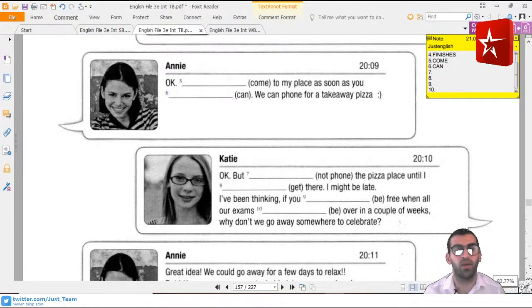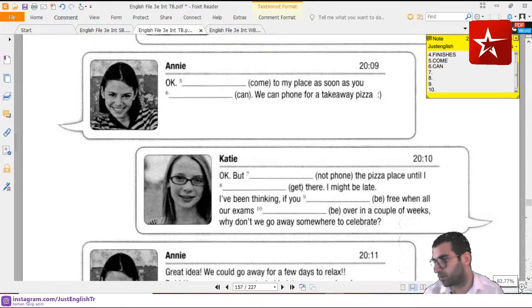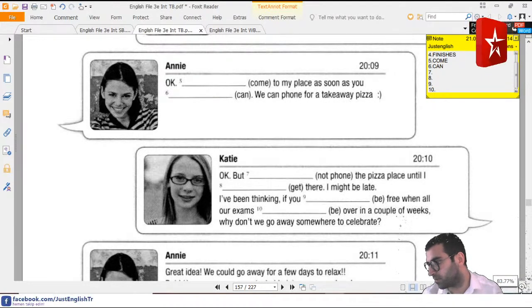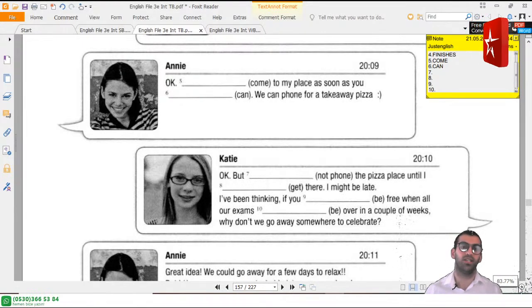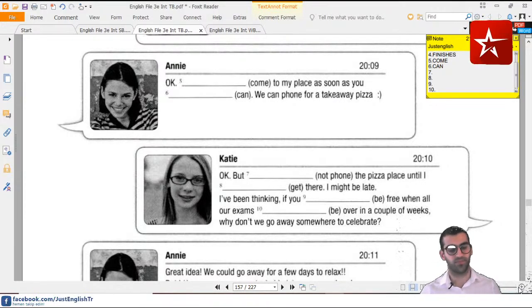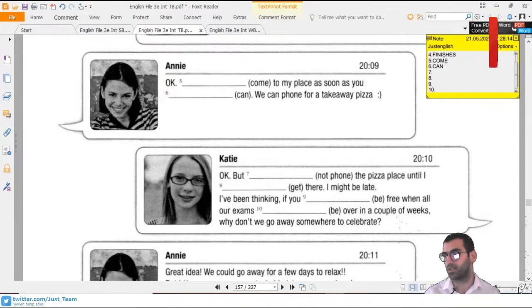So okay, but number 7, what should we write? Why not use will? We can use just the sentence. Don't worry, we didn't use will because of imperatives.